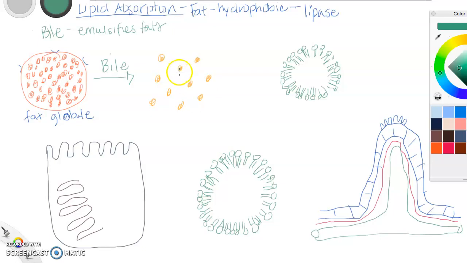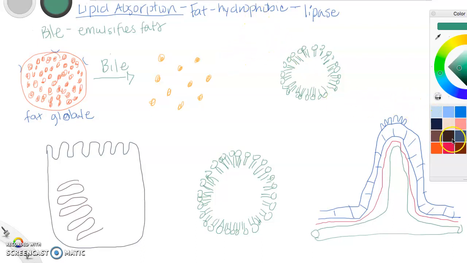And this is where the lipase can then contact the fat in these smaller droplets, so that it can digest the whole fat instead of just the outside of that big globule. Again, the lipase is hydrophilic, so it does need a little bit of help.